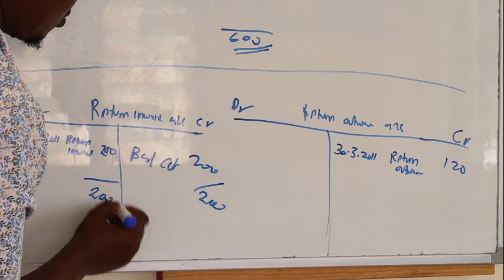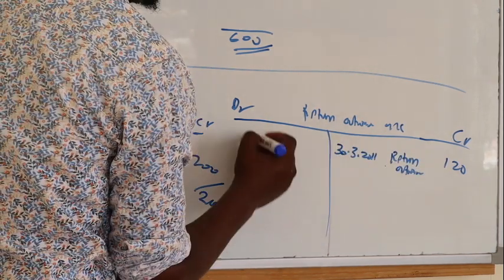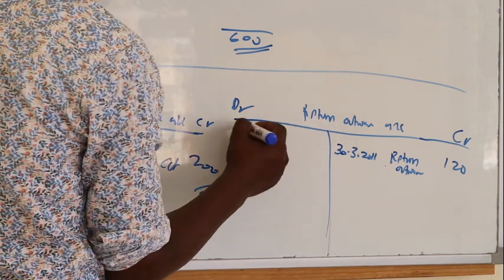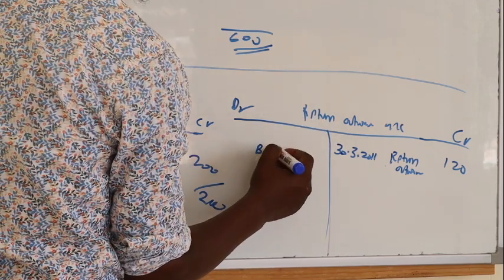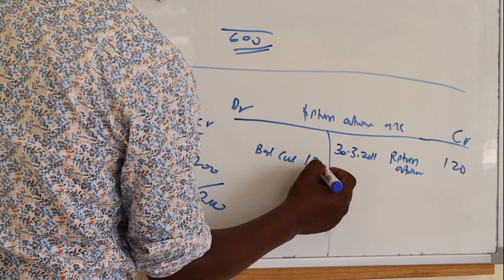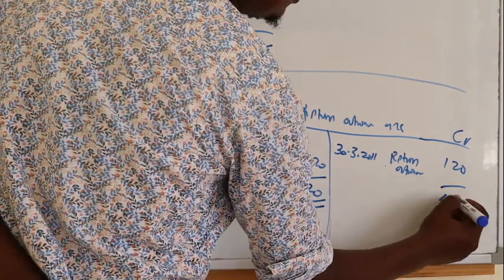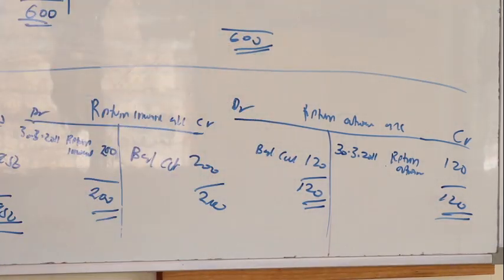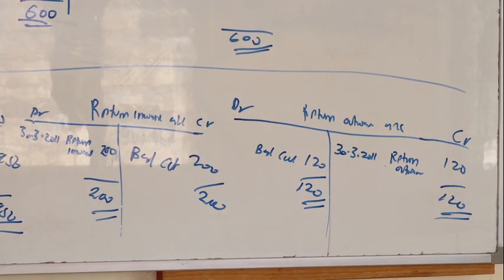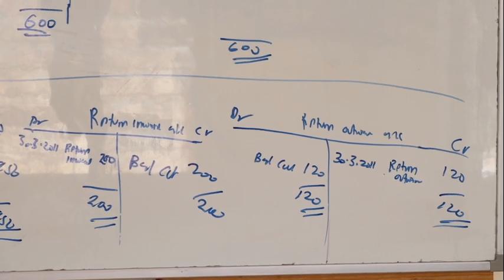It is balanced at 200. Then on the other side, returns outward. Balance carried down of 120, to balance at 120. So that's how you balance. Remember, at the end of every account, you have to balance the account.